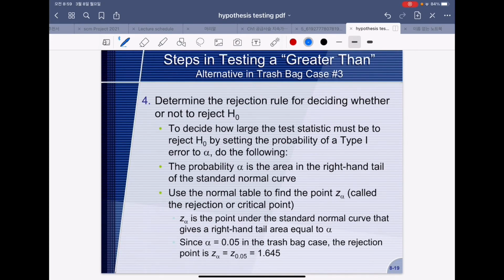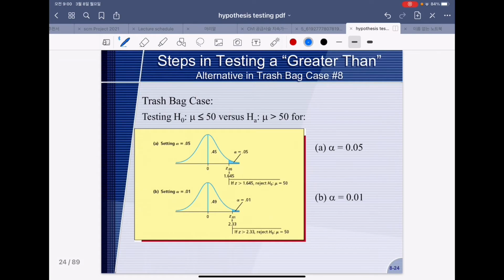Now, once you get the test statistic, you need to make a rejection rule. The rejection rule depends on the level of alpha. Let me show you this graph. If you set alpha as 0.05, the rejection rule is like this.